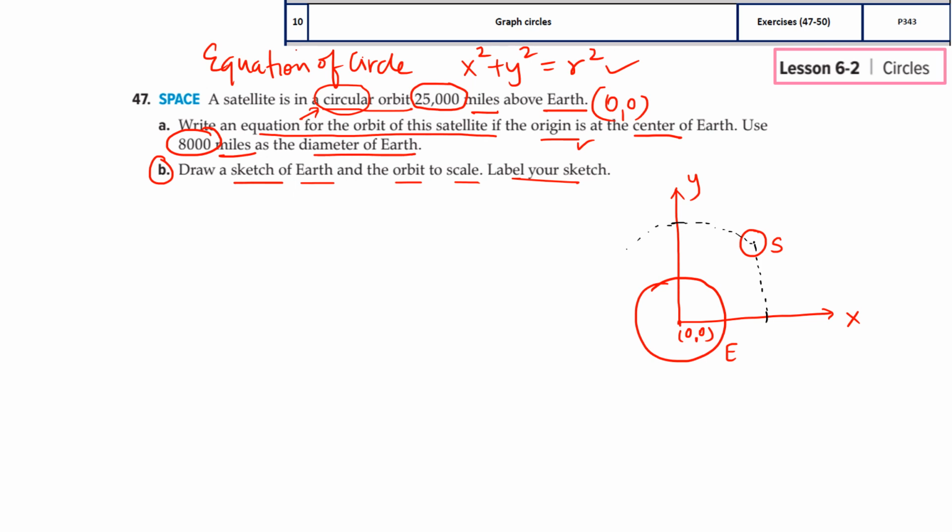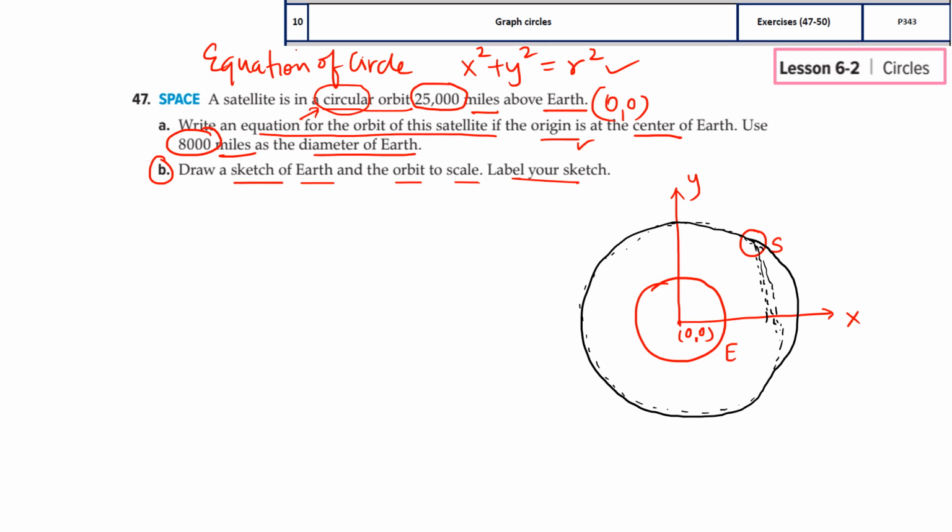So as you can see, this is the path that the satellite will follow, and it is in a circular shape. Sorry, it's not a perfect circle, but please bear with me because I'm drawing it freehand. You may use your compass for drawing a nice diagram. Oh, this is better.